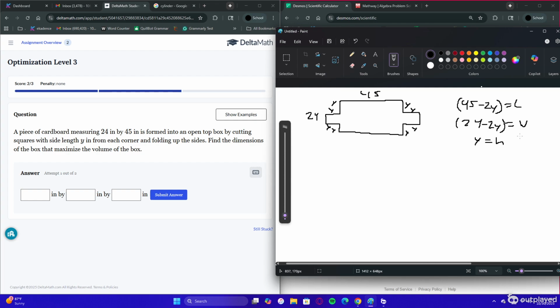So now we can find the volume, right? So V equals this times this times this, so 45 minus 2y times 24 minus 2y times just y.